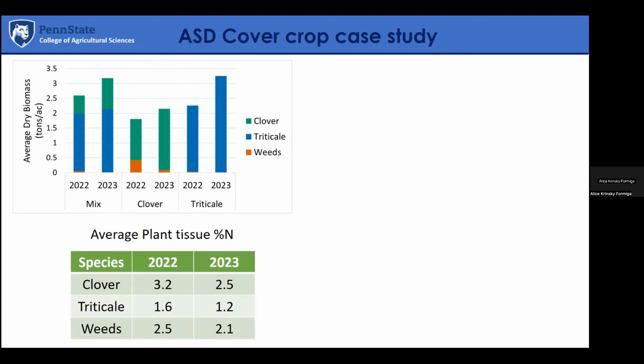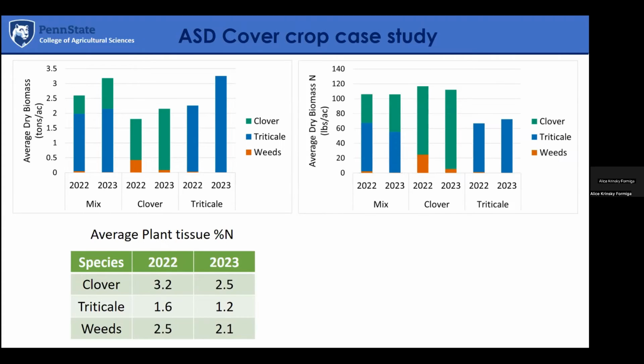We took samples from the cover crops and analyzed them for the nitrogen content. And so the crimson clover, typical of a legume, had a higher nitrogen content than the triticale. And in both years, the clover had about twice as much nitrogen as the triticale in terms of percentage.